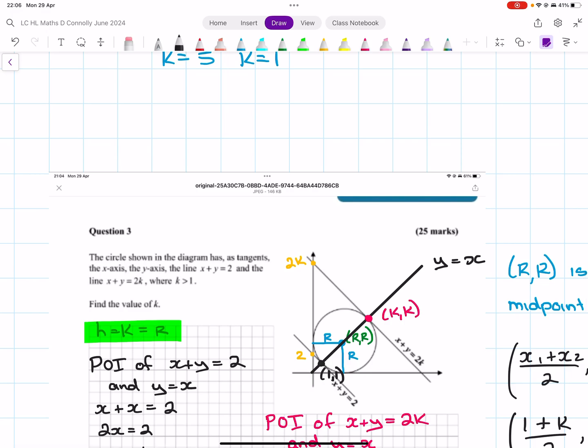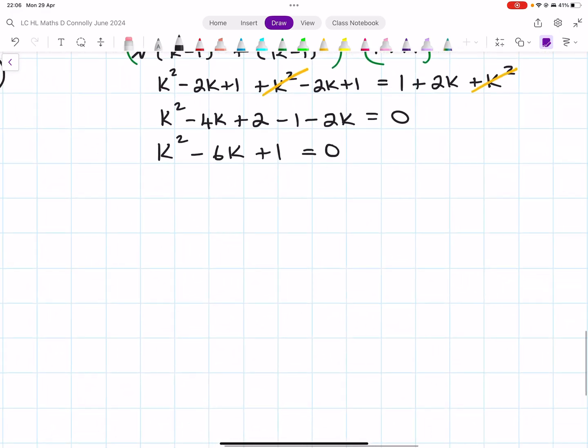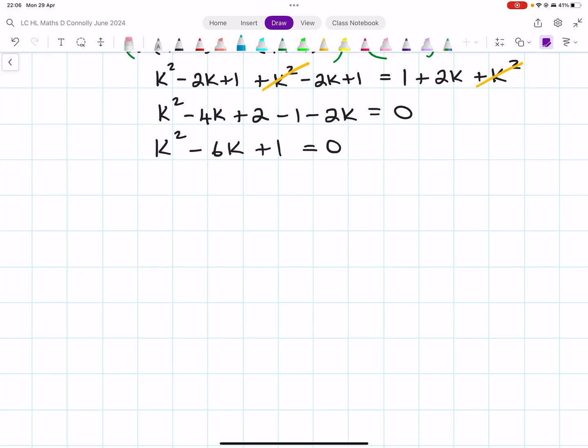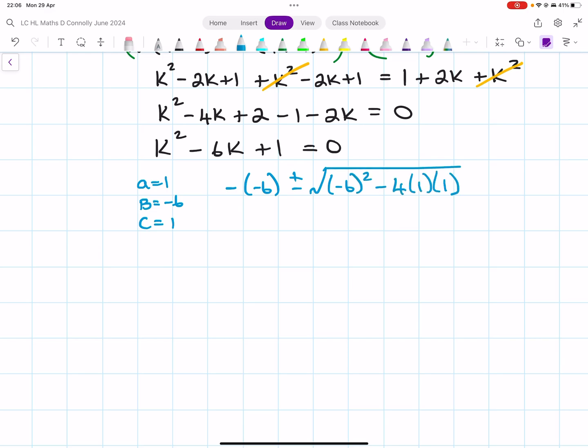I don't know what the answer is, but I'm definitely getting a surd here. I'm going to have to use the quadratic formula on this. So a is 1, b is minus 6, and c is 1. So minus b plus or minus the square root of b squared minus 4ac, all over 2a.